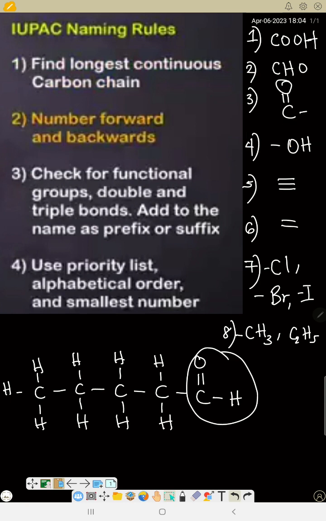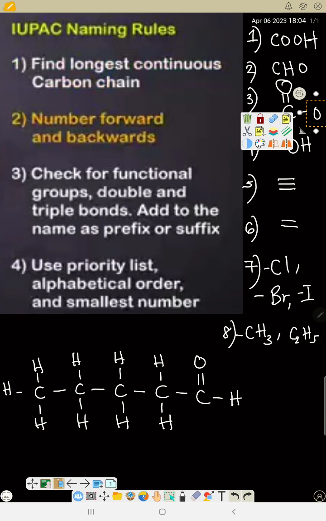The functional group here is alkanals, CHO. So that is alkanals. What will be the name of this structure now? What should be the name?